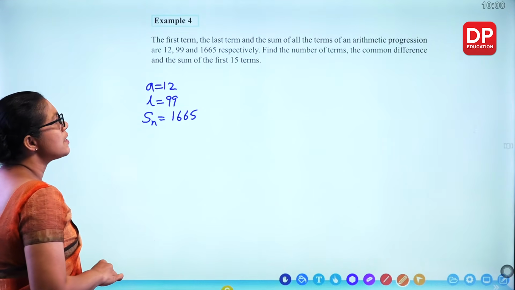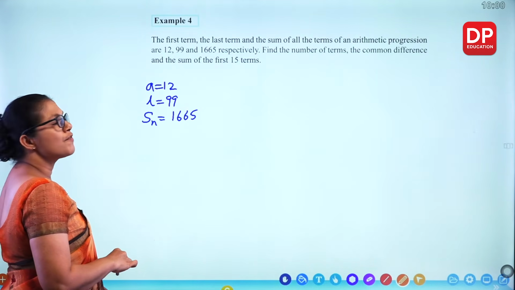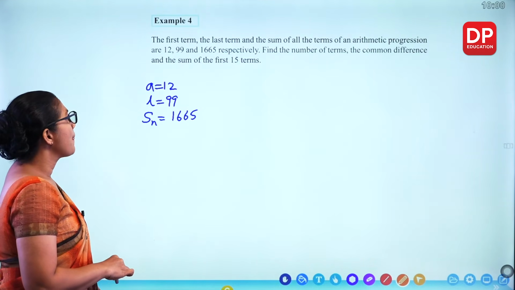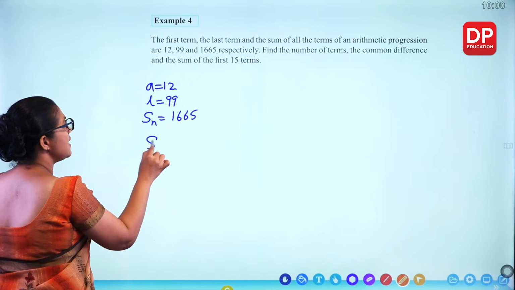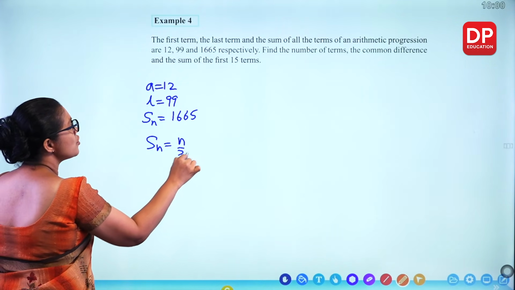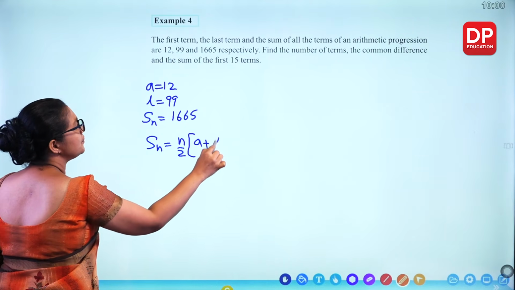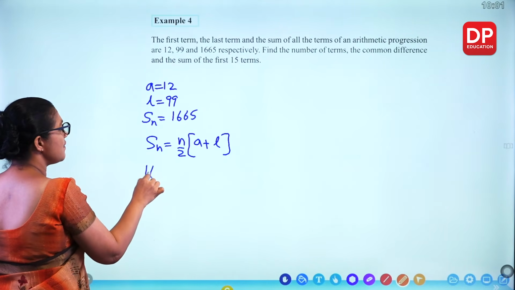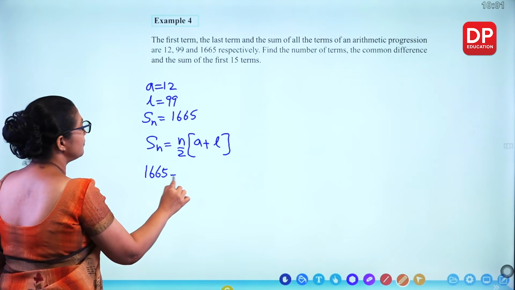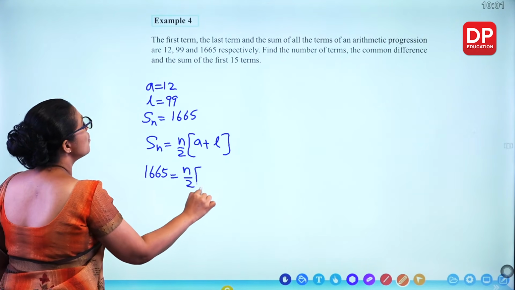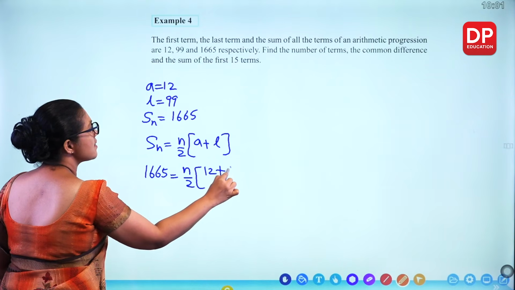Find the number of terms, the common difference and the sum of the first 15 terms. So how do we do it? We can use the formula Sn equals n over 2 times (a plus L). Sn is given as 1665. n over 2, first term is 12, last term is 99.